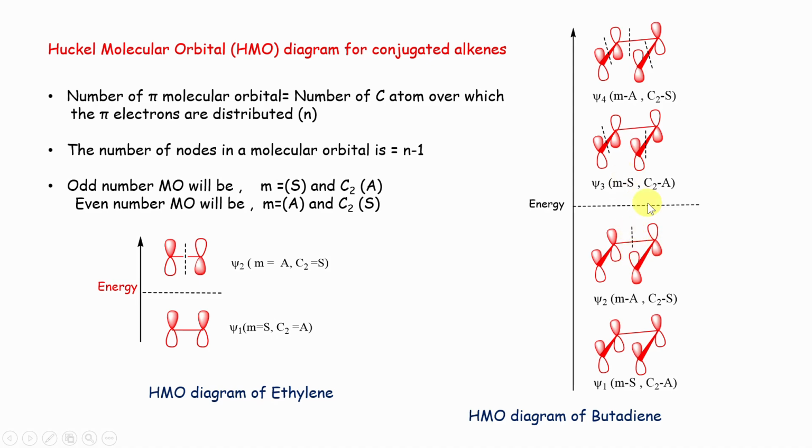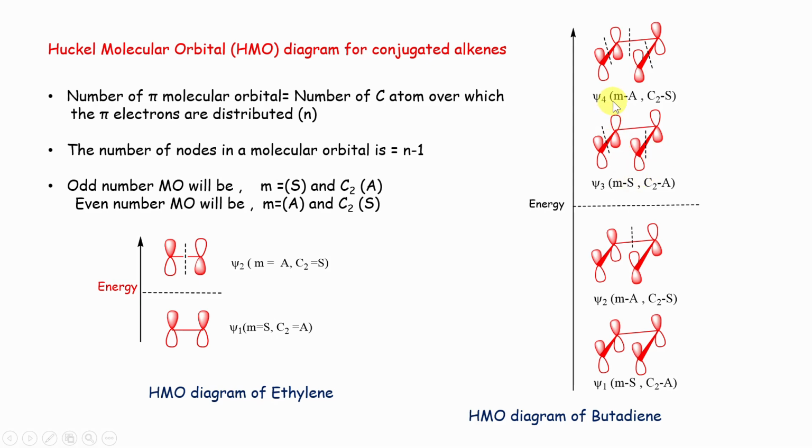And in the case of the antibonding molecular orbital, psi3 is an odd number, so it is symmetric with respect to the mirror plane and anti-symmetric with respect to the C2 axis. 3 minus 1 is 2, and so it has 2 nodes. It is indicated by vertical dashed lines.